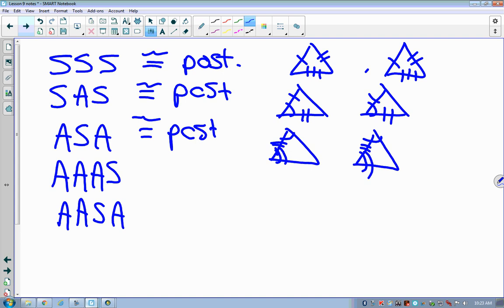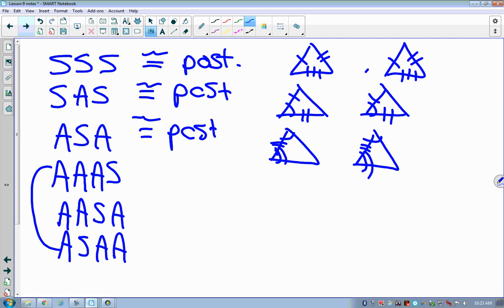It's not really any different than this. Basically, when we get to here, any three angles and one side, it doesn't matter where that side is. It could be side, angle, angle, angle. That's not going to change anything. By the time we get to these three, it's any three angles and a side.